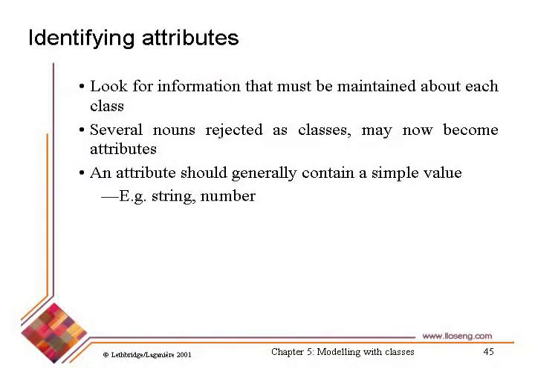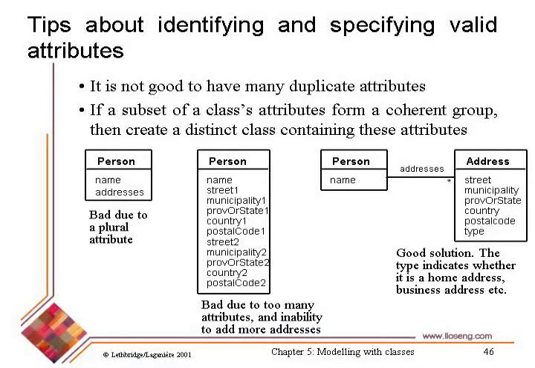And over here on slide 46, we see another interesting thing to watch out for. In class person, on the far left, I've got name and addresses. First mistake, don't make attributes plural. Attributes are always singular. So if you see this, you know you've got to make a change. If you see addresses in the plural as an attribute, there's more than one, you've got to do something about that.